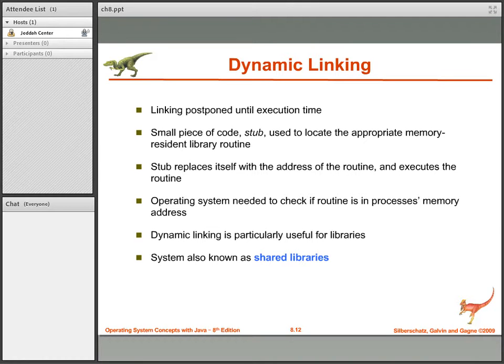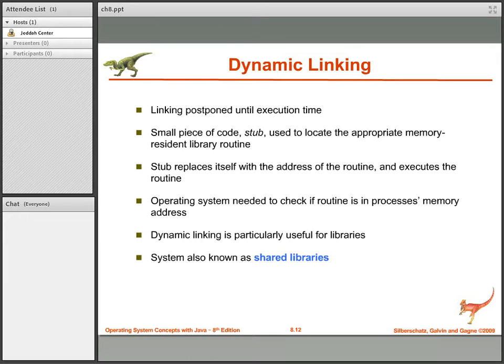The stub is used to locate the appropriate memory resident library routine. The stub replaces itself with the address of the routine and executes the routine.